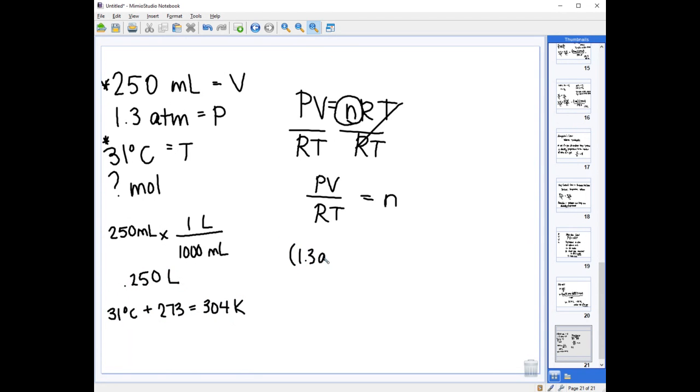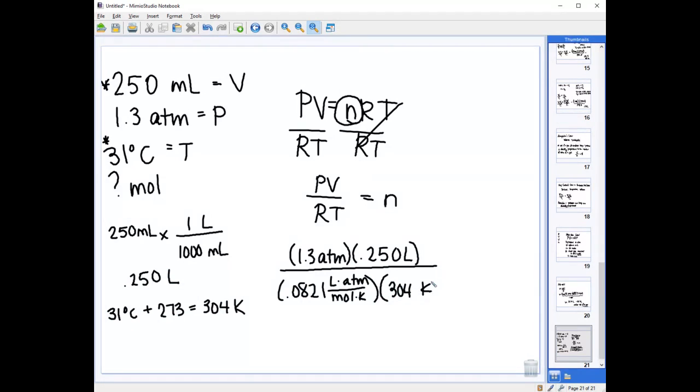Pressure, 1.3 atmospheres. Volume, I've now converted to liters, 0.250 liters. My R is a constant, 0.0821 liter times atmosphere divided by mole Kelvin. And my temperature, 304 Kelvin.